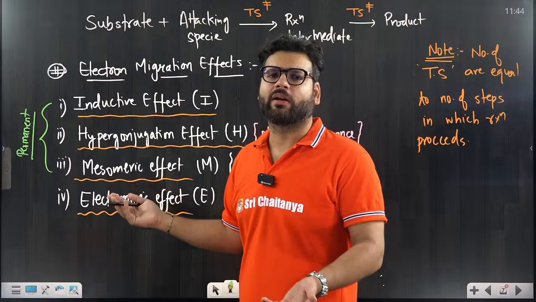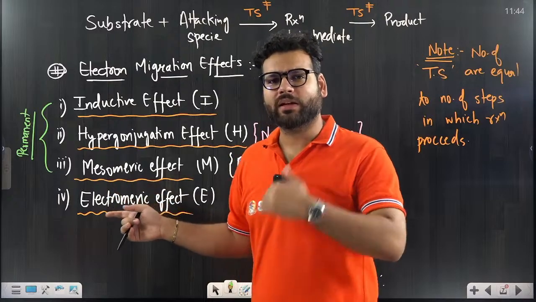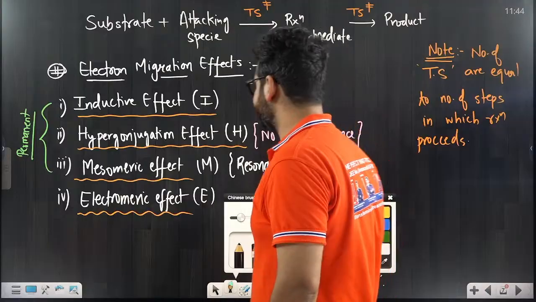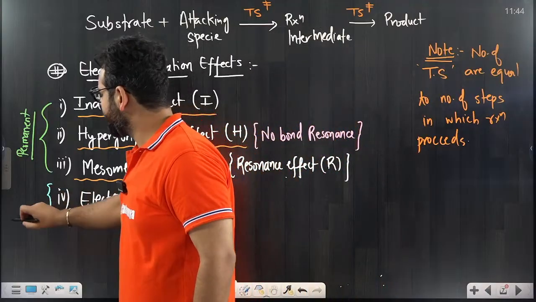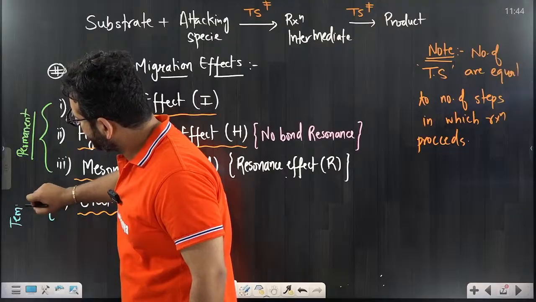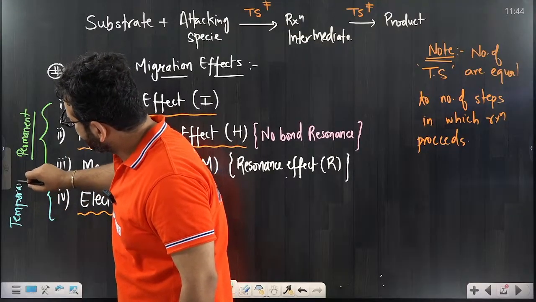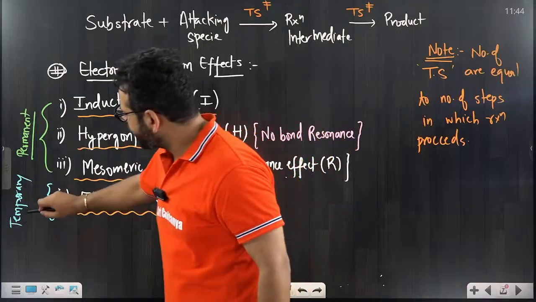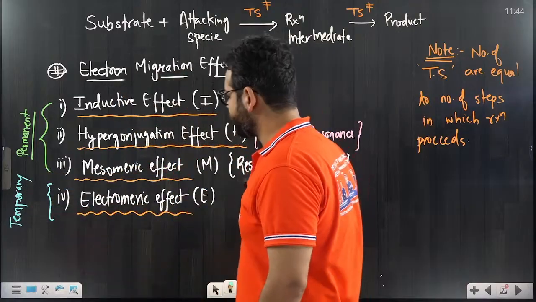It works only when someone comes to attack the substrate. So this is a temporary effect. It can happen when someone comes to attack, but it is not always in operation.